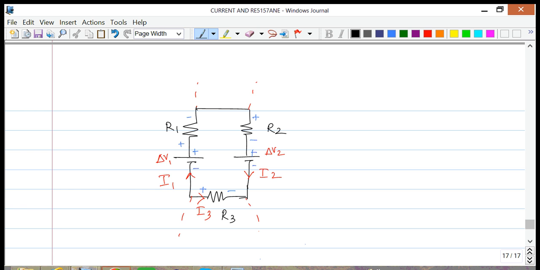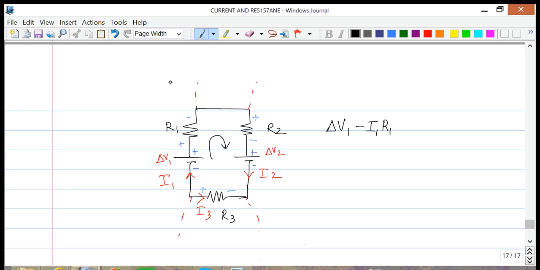Great, we have this. Now we can write our equation, and let's start with delta V1, and once again I'll go in a clockwise sense. So if I start at delta V1, I go from low to high, so it is plus delta V1. For R1, I go from high to low, so it is negative I1 R1.